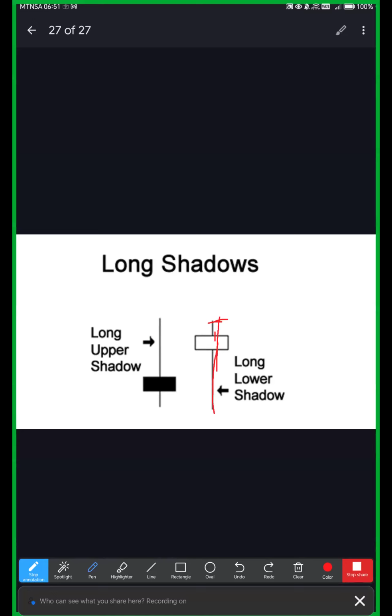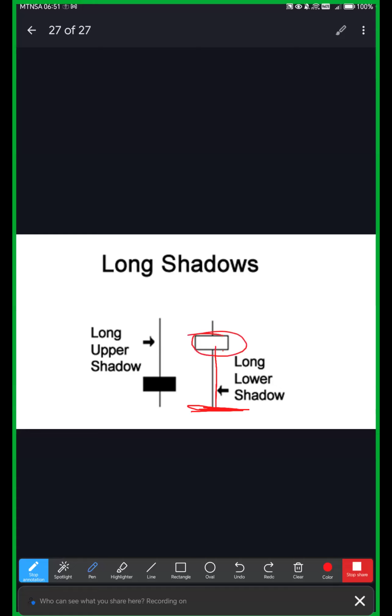Price came down here. Okay, when price came down to this level, which is the lowest level, buyers came back. They pushed the price. They drove back the price almost to its opening, right?